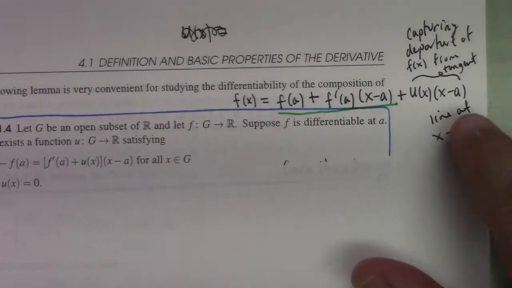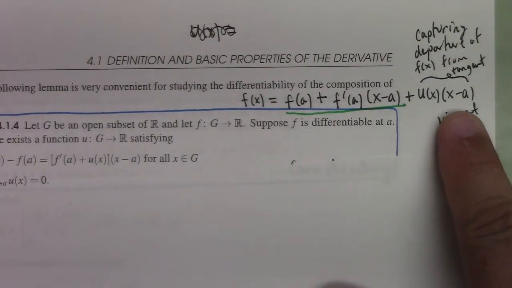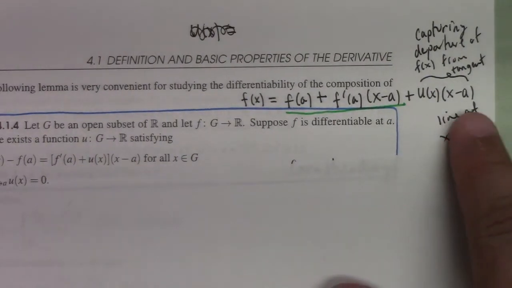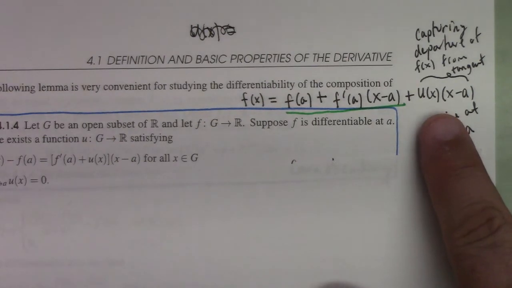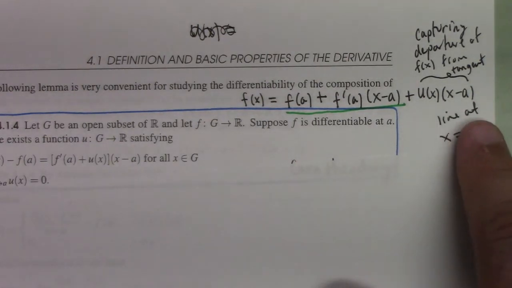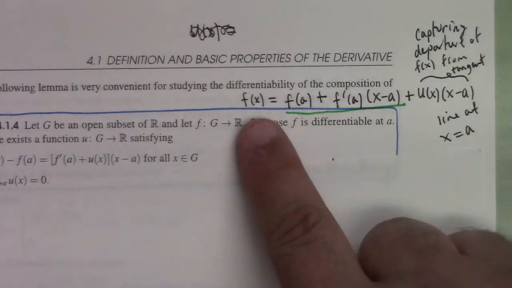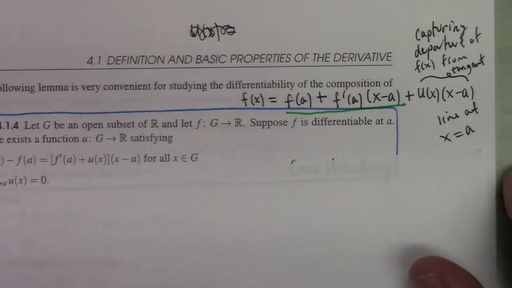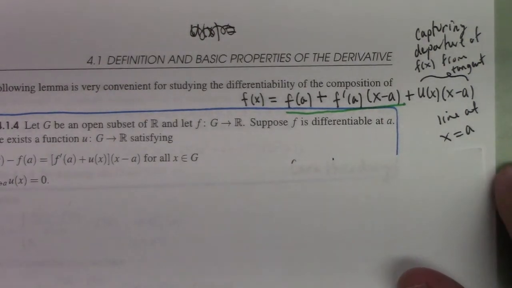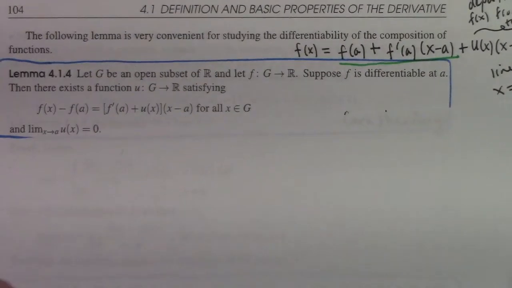And so this extra bit, u of x times x minus a, is something that must go to 0 as x goes to a, because at the tangent line, the function and the tangent line should match up. So anyway, I'll move on.